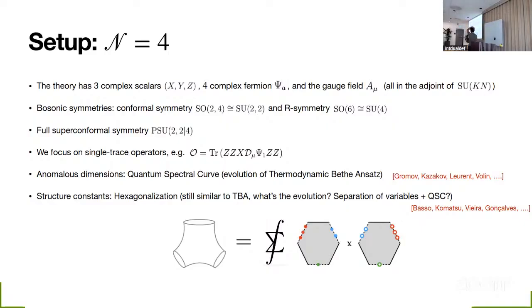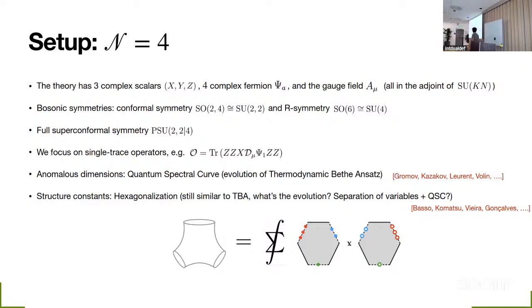You have the QSC, which is a machine to compute anomalous dimensions among some other things, and you have the hexagonalization framework for computing structure functions, which is in spirit kind of similar to TBA, but we don't know how to improve that to the level of QSC or anything like this yet.